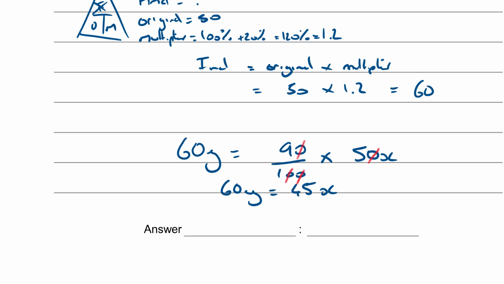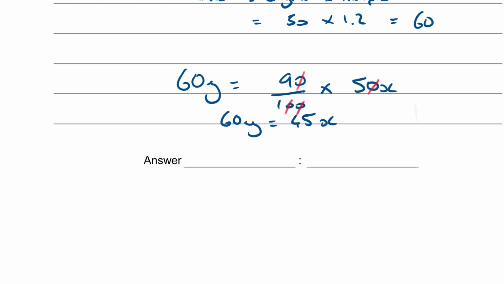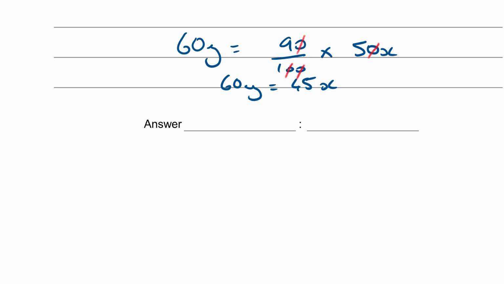So we need to take that and rewrite it now as a ratio. We can cancel it down a little more first because they're both divisible by 15. So that's the same thing as 4y equals 3x. Now it takes a little bit of thought to turn an equation into a ratio. Let's make our ratio of x 1 to something.